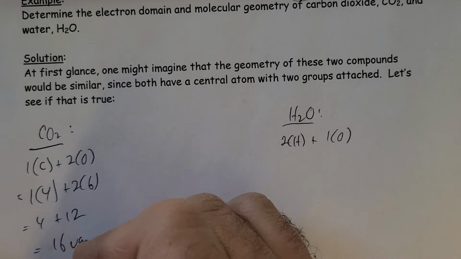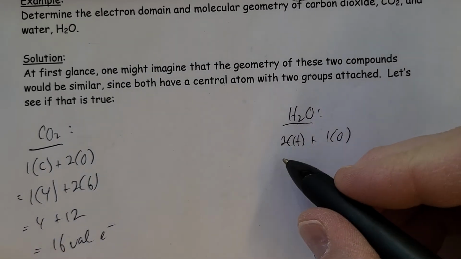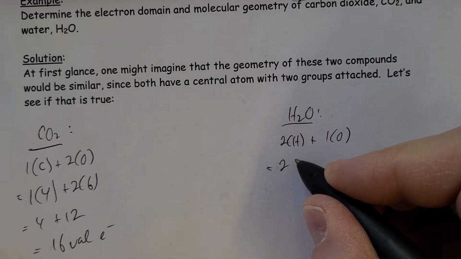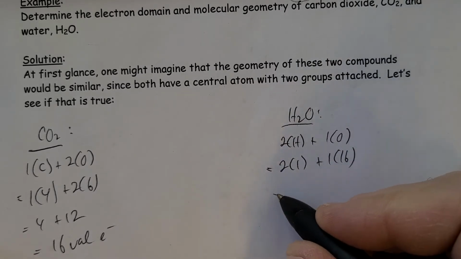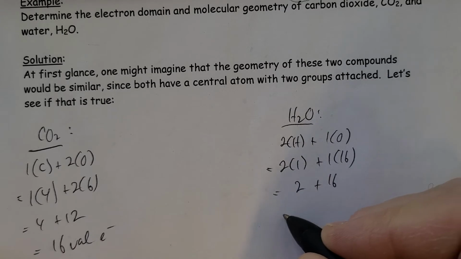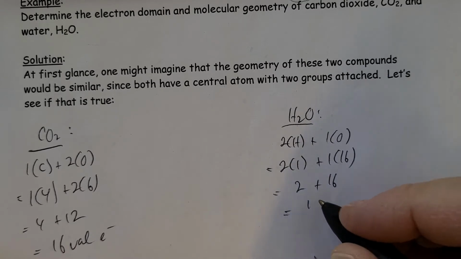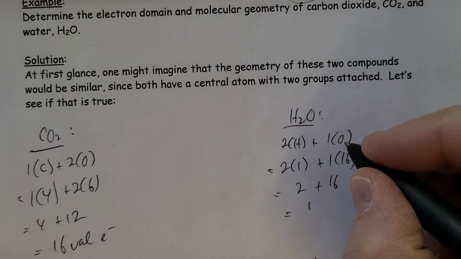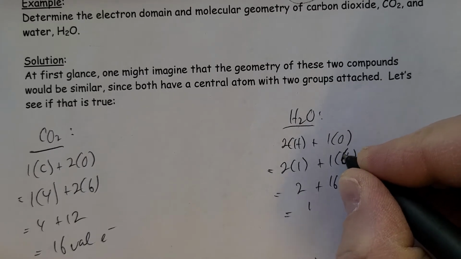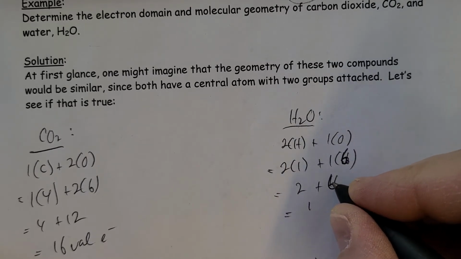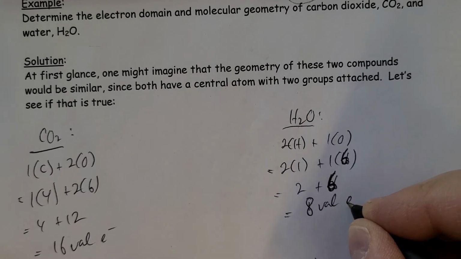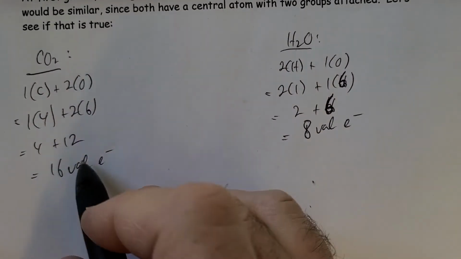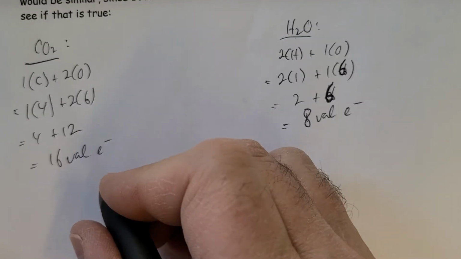So there we get 16 valence electrons. Whereas over here with water, hydrogen is 1, oxygen is 6. Sorry, I made a mistake there, I was thinking of molar masses. 2 plus 6, we get 8 valence electrons.